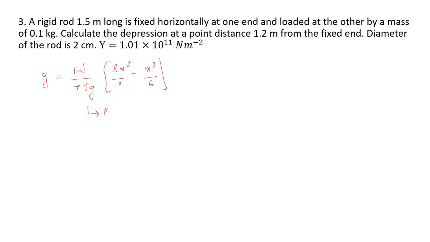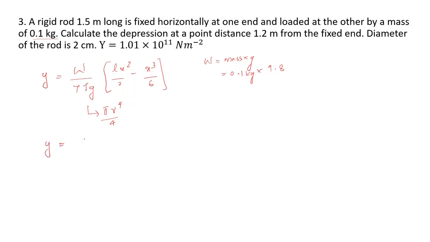Ig for a circular rod is nothing but pi into r to the power 4 divided by 4. We also need to calculate the weight, but what is given is mass, 0.1 kg being hung. So the weight is calculated as mass into g, that is 0.1 kilogram into 9.8, and the weight can be calculated from this. So we can rewrite the equation.